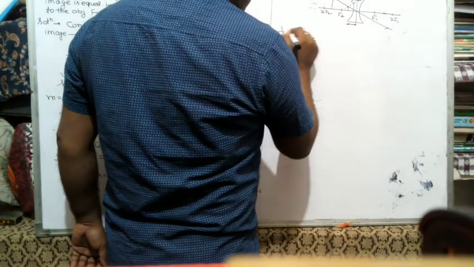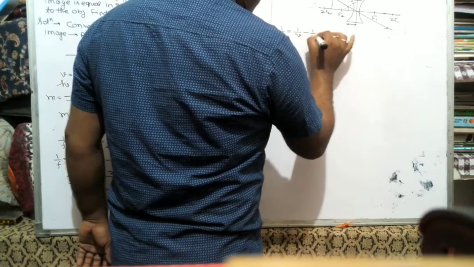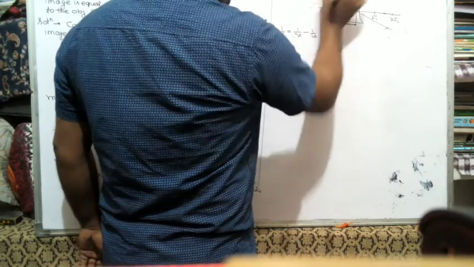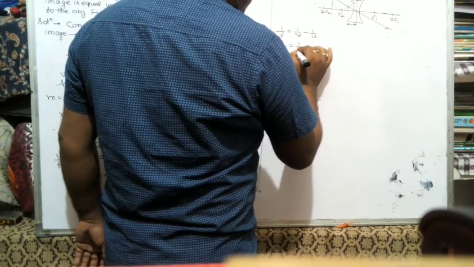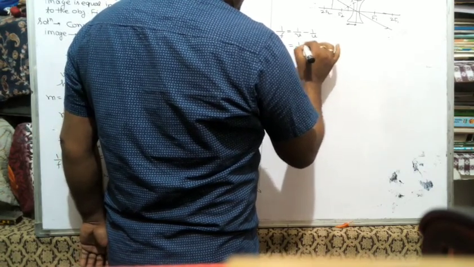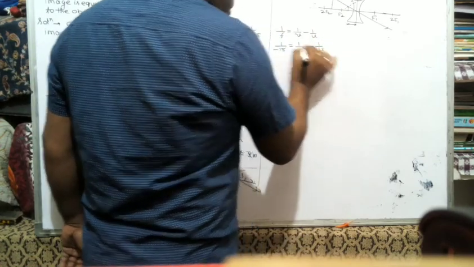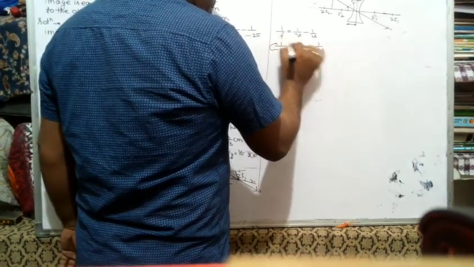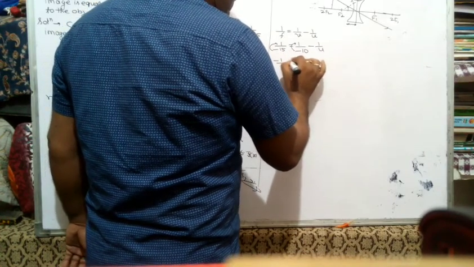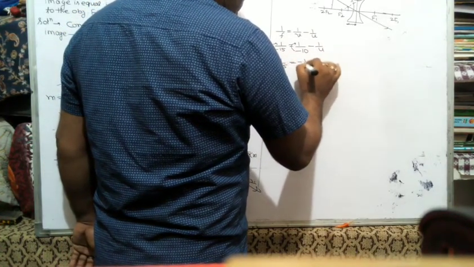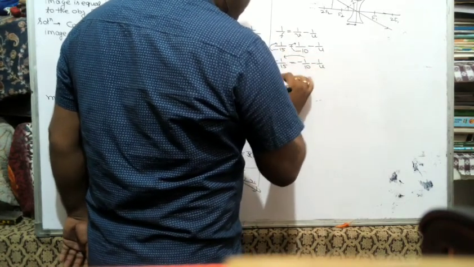1 upon f is equal to 1 upon v minus 1 upon u. 1 upon f is minus 15, 1 upon v is minus 10, minus 1 upon u. Put the sign above. Minus 1 upon 15 equal to minus 1 upon 10 minus 1 upon u. Transfer this with that.